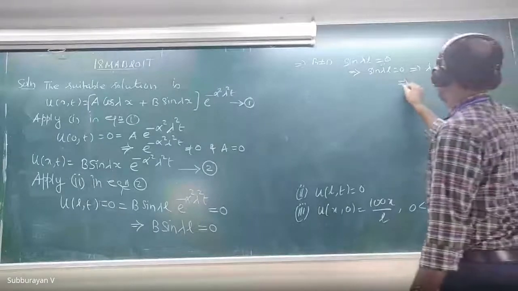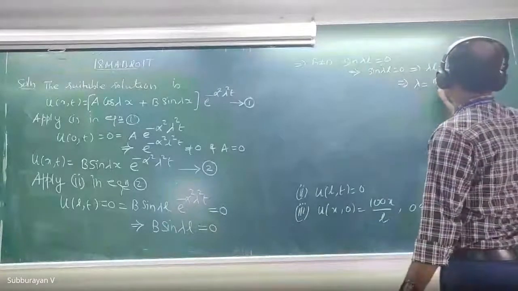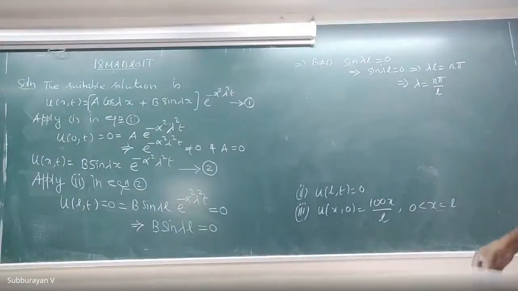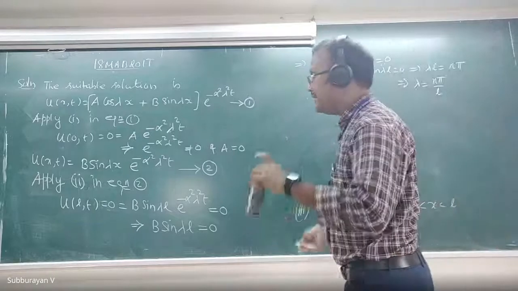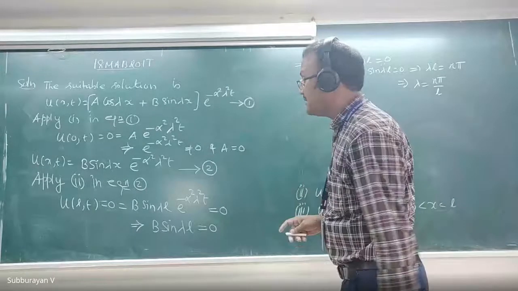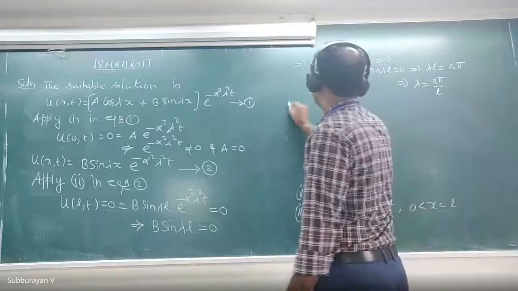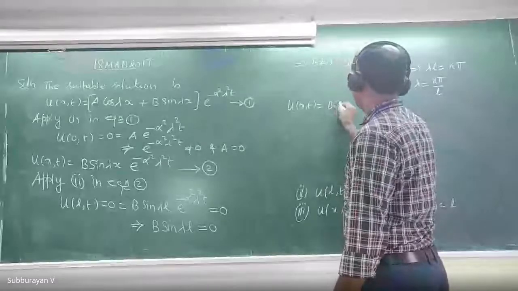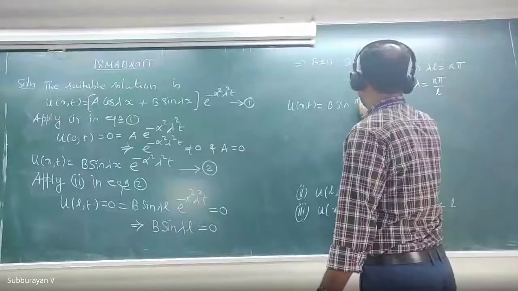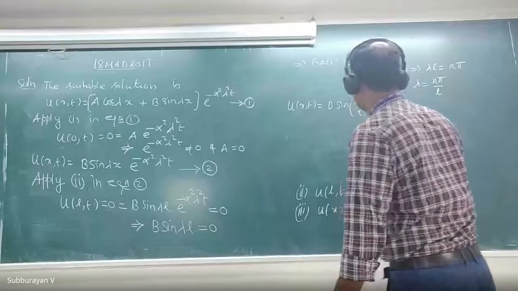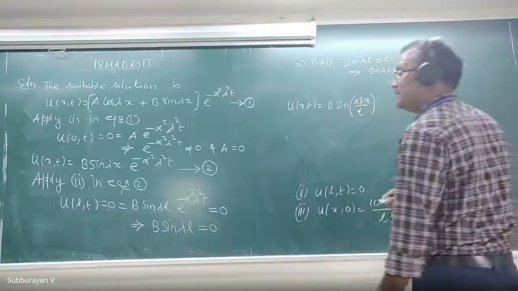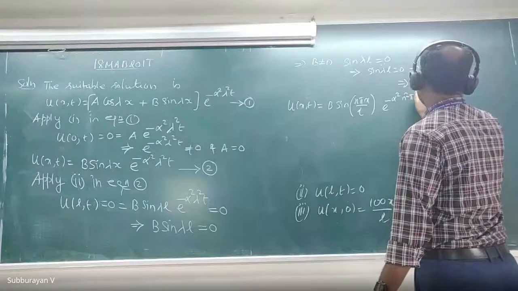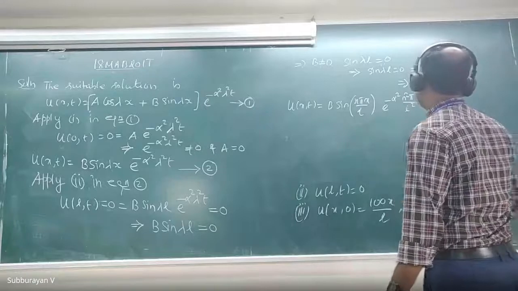Therefore, what is our lambda? Lambda equal to n pi by L. If lambda equal to n pi by L, then further one can reduce the equation to u of x comma t, which is equal to b sin n pi x divided by L into e to the power minus alpha square n square pi square t divided by L square.